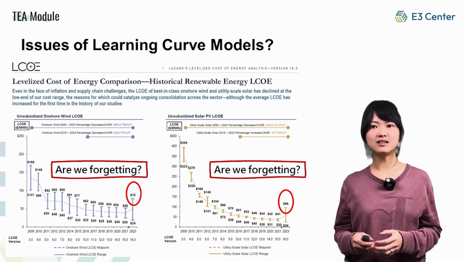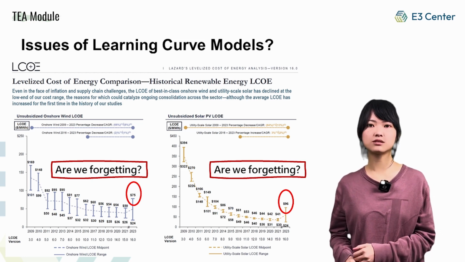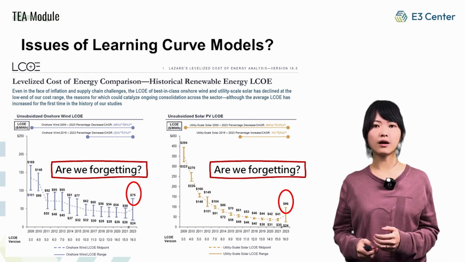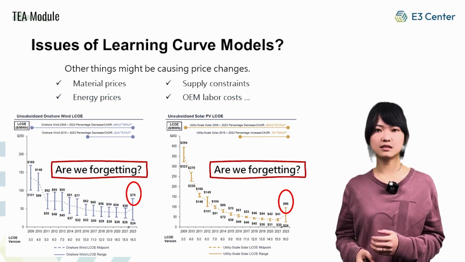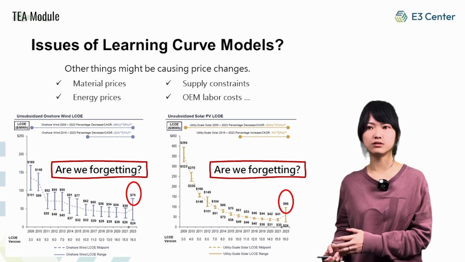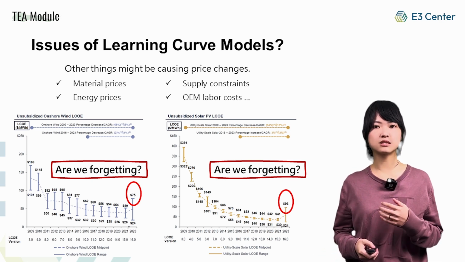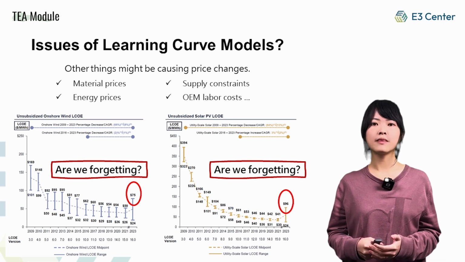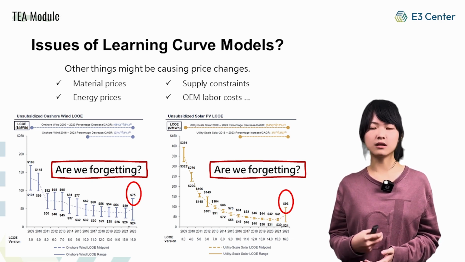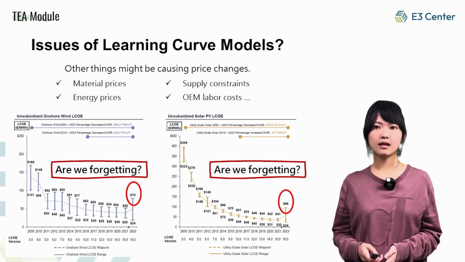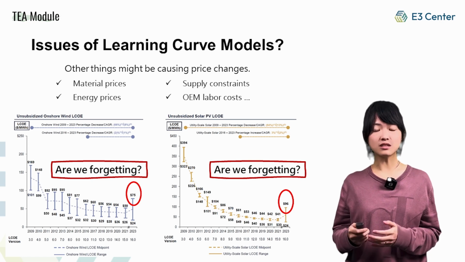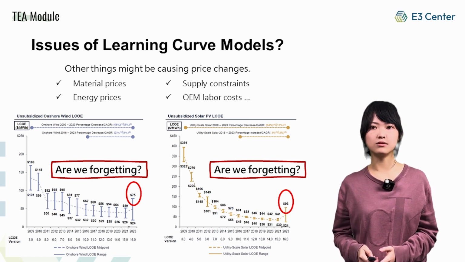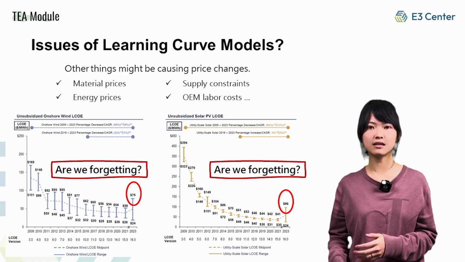No. While the learning curve can predict decreasing costs with increased production and experience, it is crucial to understand that price can still fluctuate due to external factors, including material prices, energy prices, supply constraints, or OEM labor cost, and so on. Therefore, in the future, we certainly expect the price will keep going up and down, even though the overall trend will more likely go down.